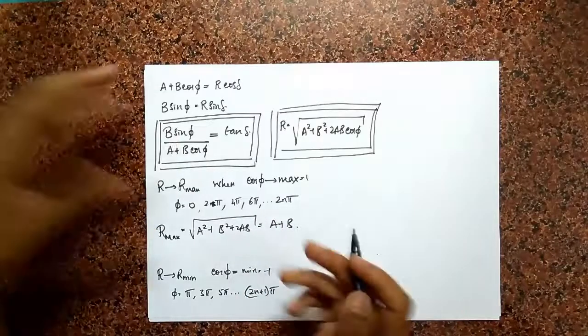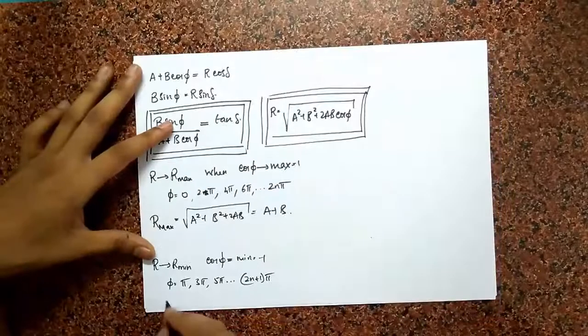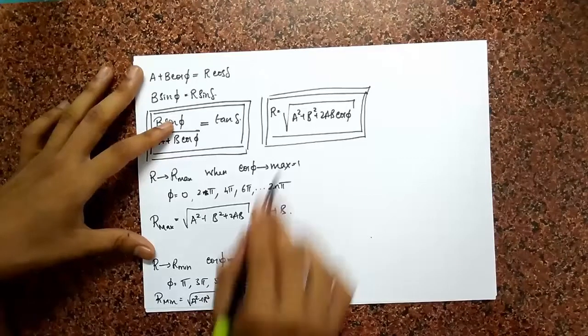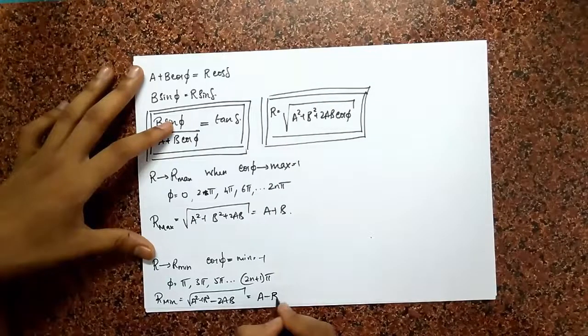And if the two had the same amplitude, it just becomes twice. That makes perfect sense. And over here, what is going to be the minimum value of the amplitude? Well, it's going to be a squared plus b squared, and cos phi is minus 1, so it gives me minus 2ab, and that is a minus b.